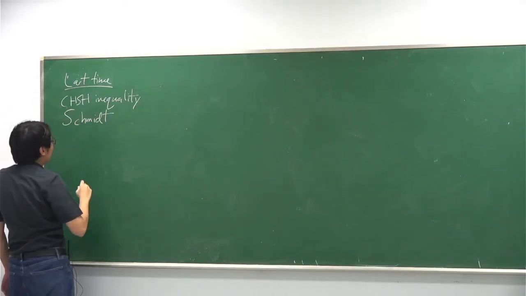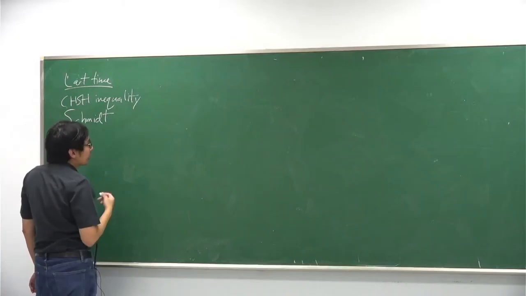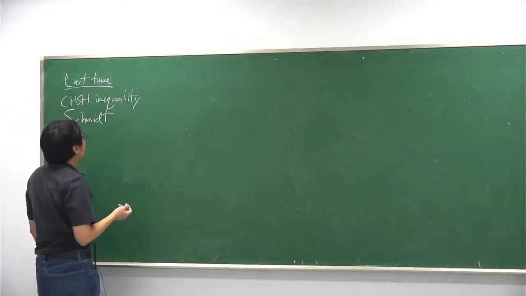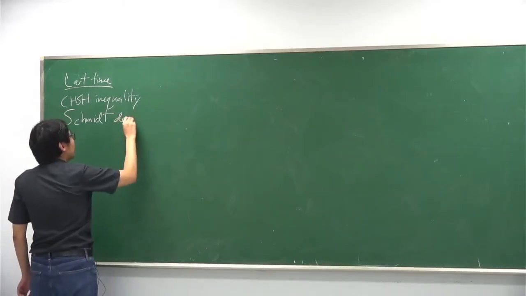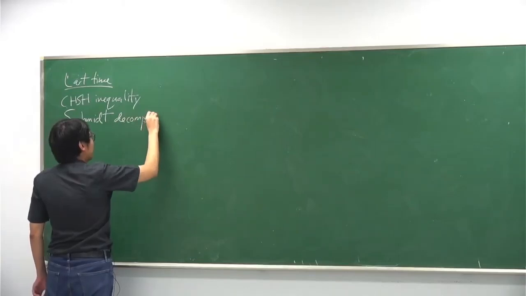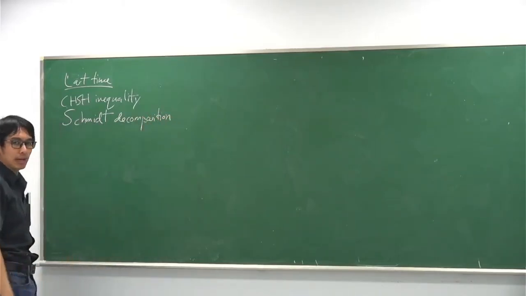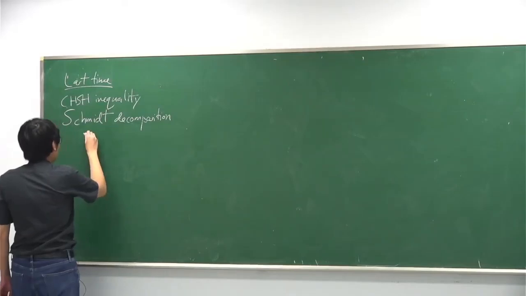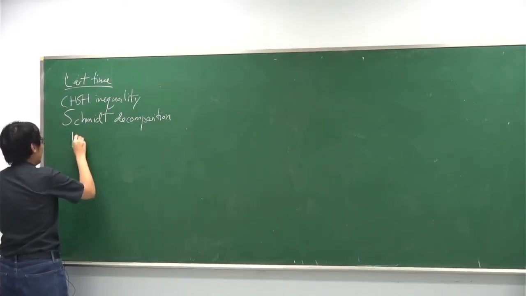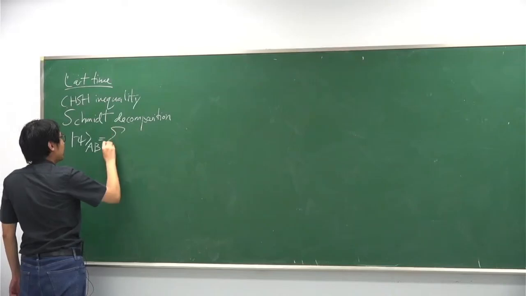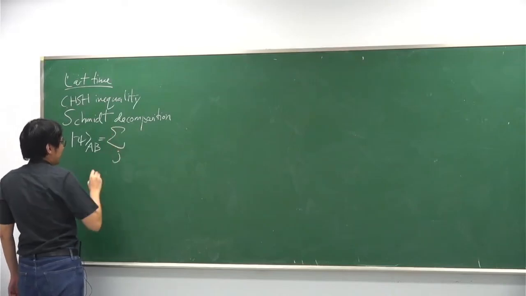And we also look at a general structure of bipartite entanglement, in particular the Schmidt decomposition, which follows from singular value decomposition of the coefficients when you have two entangled systems, right?